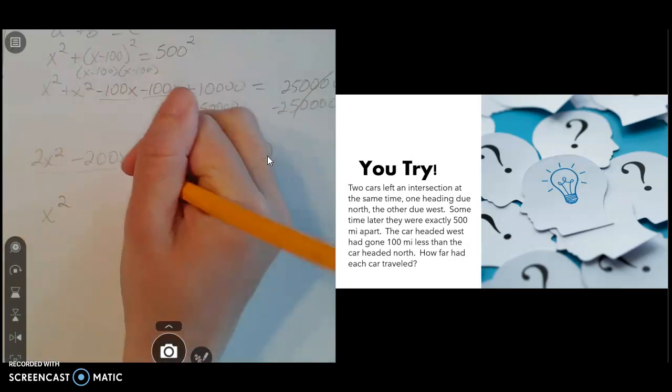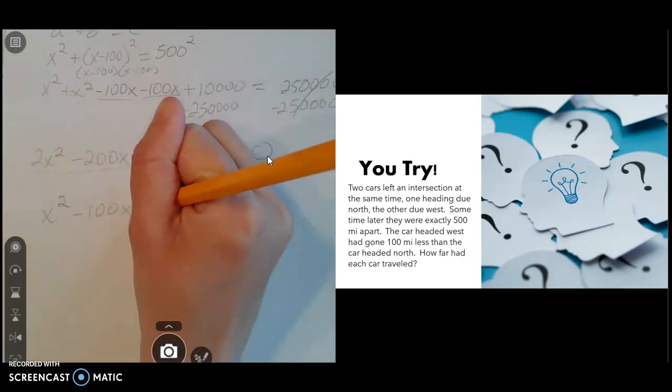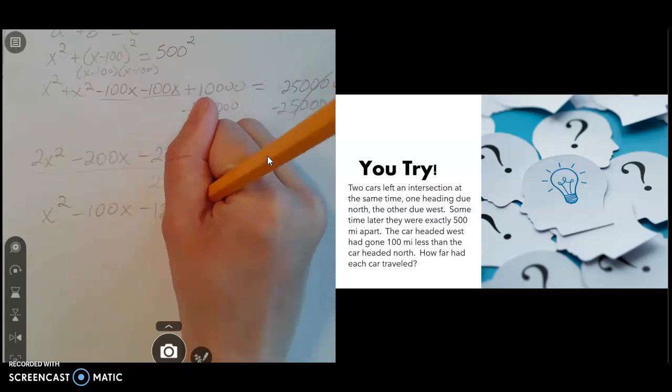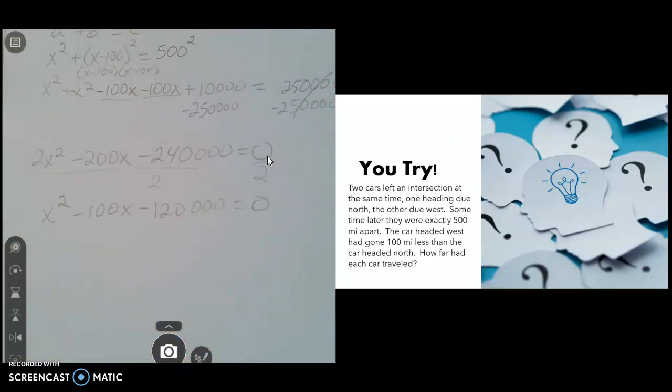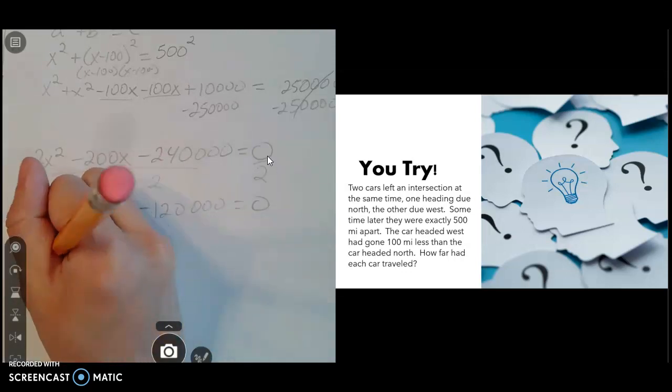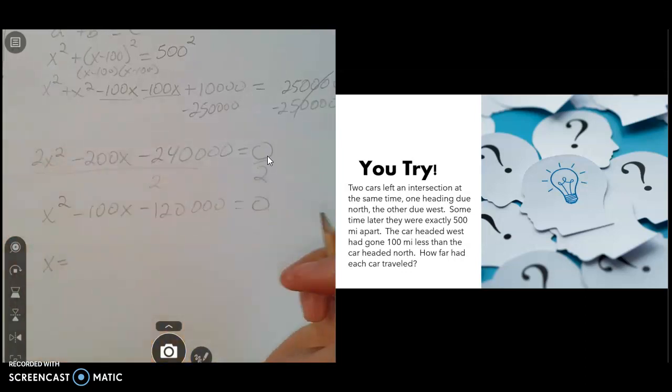We'll have an X squared, minus 100X, and minus 120,000. And from here, you are welcome to factor if you would like to. But for me, 120,000 is a big number, and I don't feel like going there. So I'm going to use my quadratic formula.